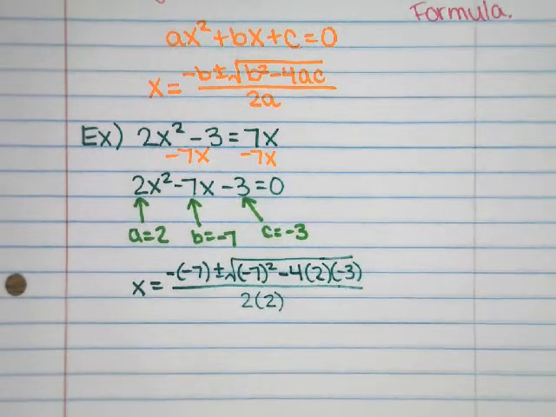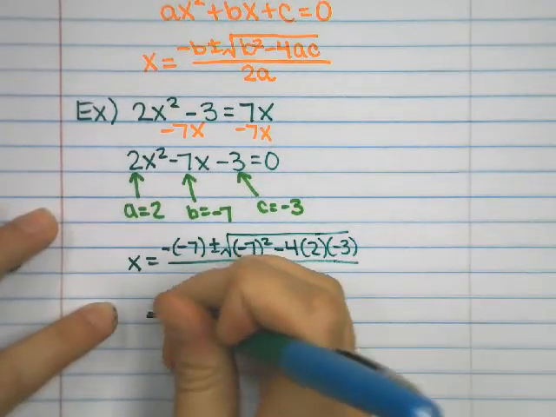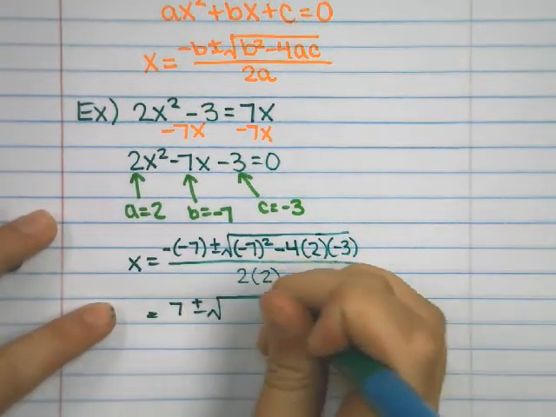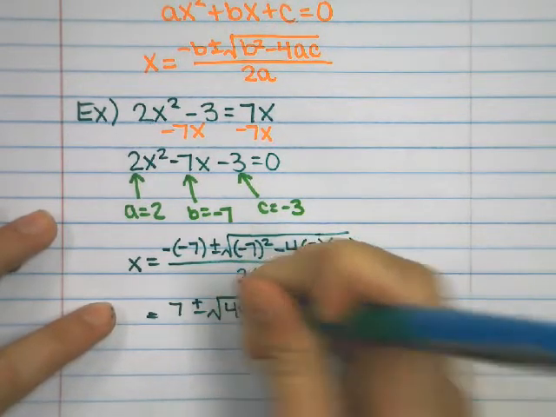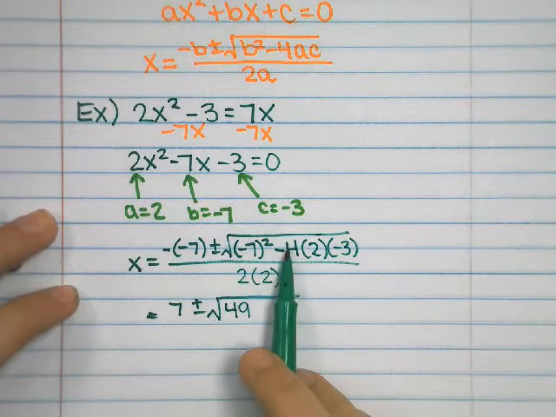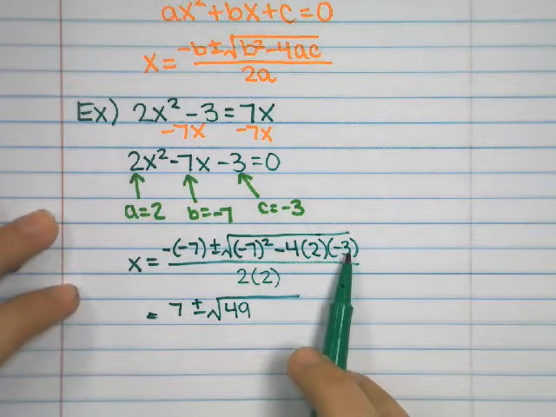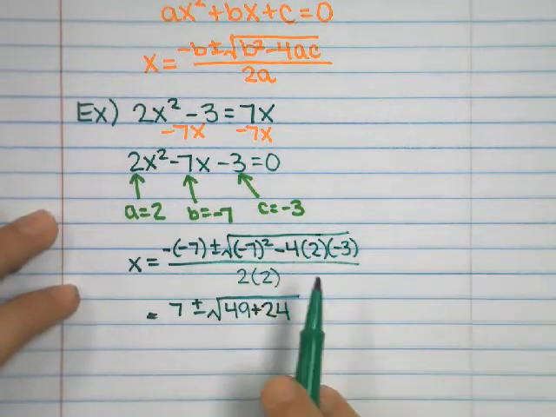From here, we're going to be super careful to simplify this. So negative 7 is positive 7, plus or minus the square root. Now, this negative 7 squared is 49. I have negative 4 times 2, which is negative 8, times a negative 3, which makes a positive 24.